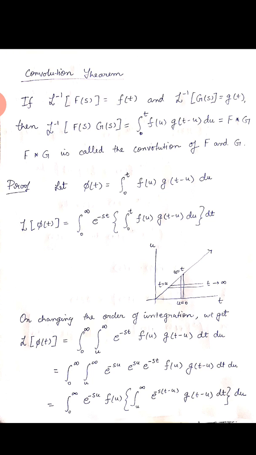So I write this equation as the integration from 0 to infinity of e raised to the power minus su times f(u), and then in the curly bracket we integrate from u to infinity e raised to the power minus s times (t minus u) times g(t minus u) dt, and finally we integrate it with respect to u.